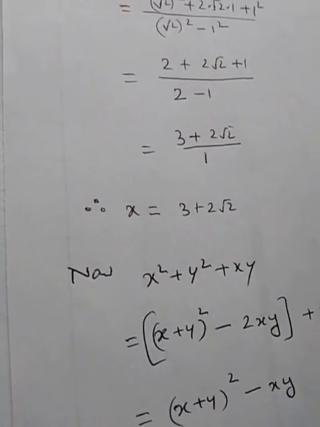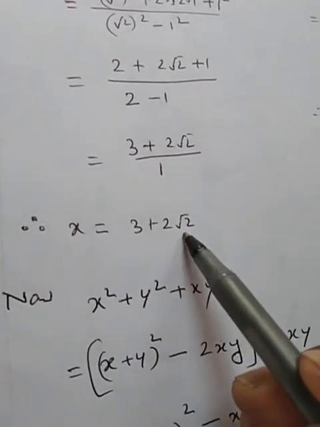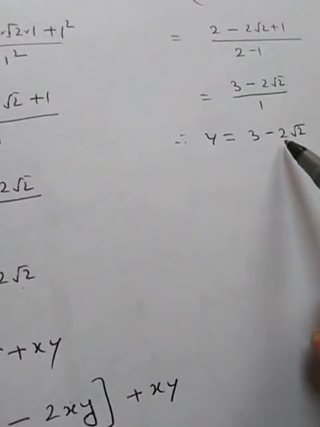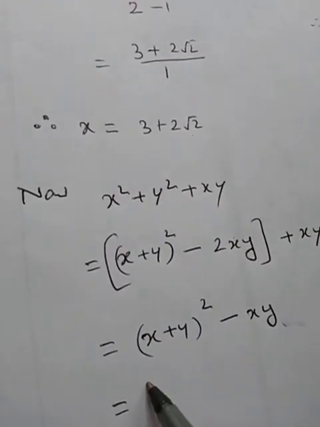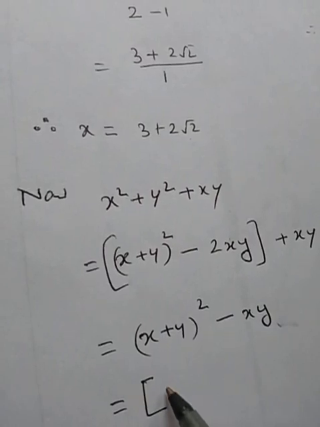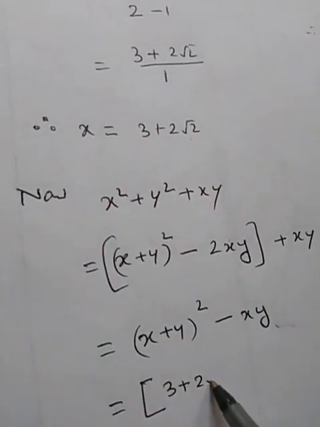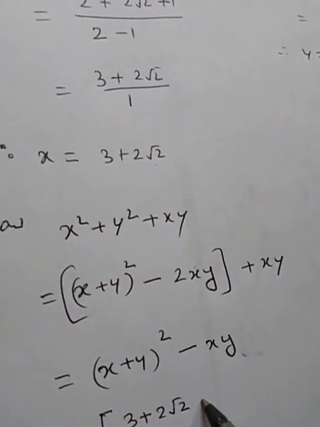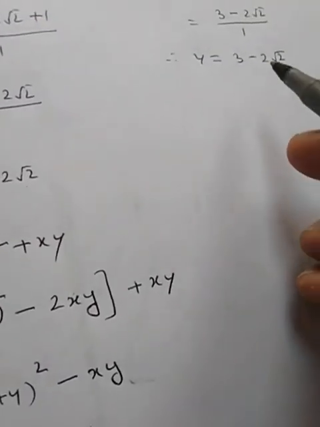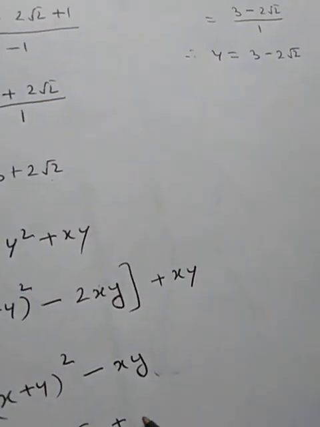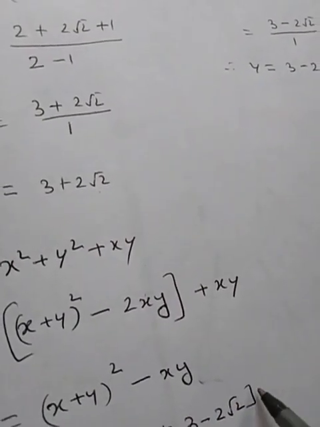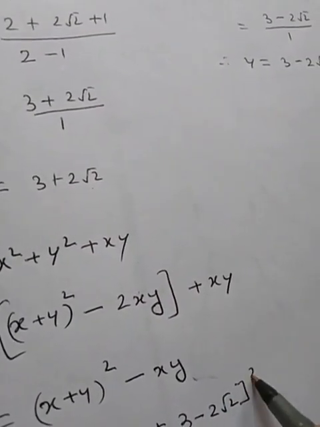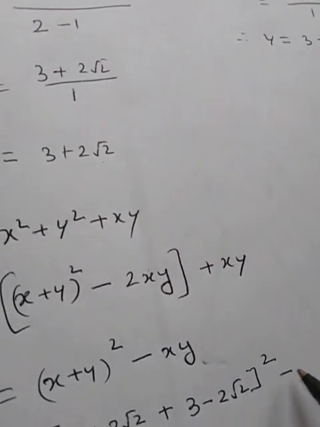Now see, the value of x is 3 plus 2 root 2, the value of y is 3 minus 2 root 2. That we will put here. Now it will become easier. X is 3 plus 2 root 2 plus y is 3 minus 2 root 2, then whole square is there, minus xy.